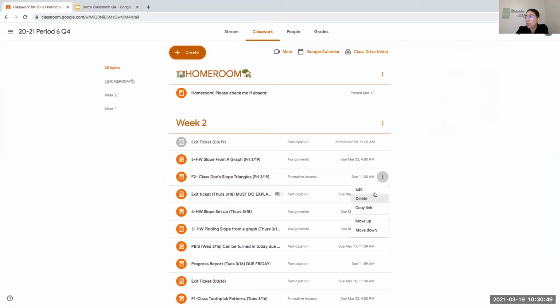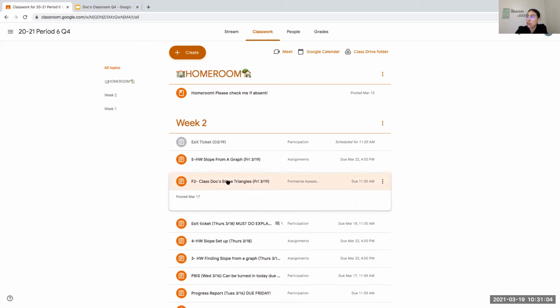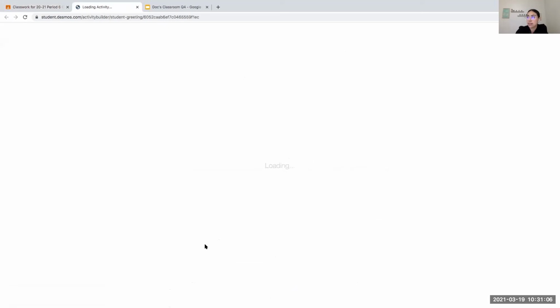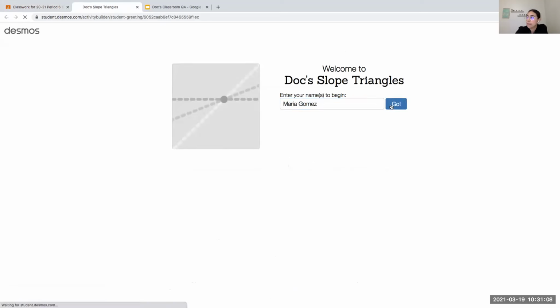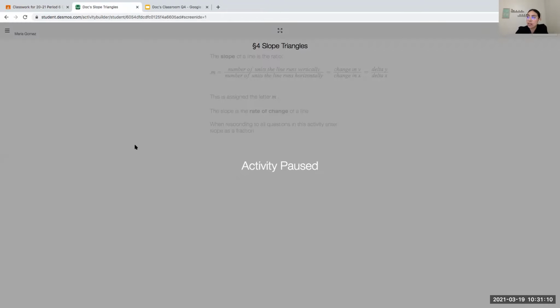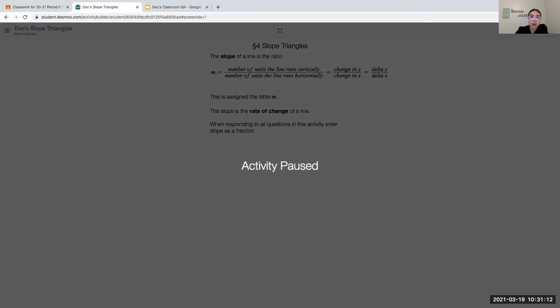So I am going to get that link and send that link to everybody in the chat. If you go into the chat, you'll find the link to the Desmos activity there. Click on it and it'll take you directly to this assignment. Right now, it'll show up like this as activity paused.